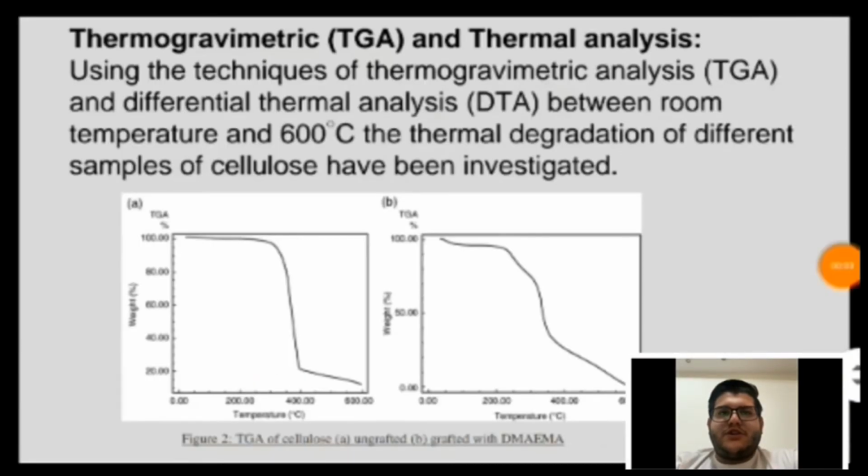Thermogravimetric analysis (TGA) and thermal analysis. Using the techniques of TGA and differential thermal analysis (DTA) between room temperature and 600 Celsius, the thermal degradation of different samples of cellulose has been investigated.